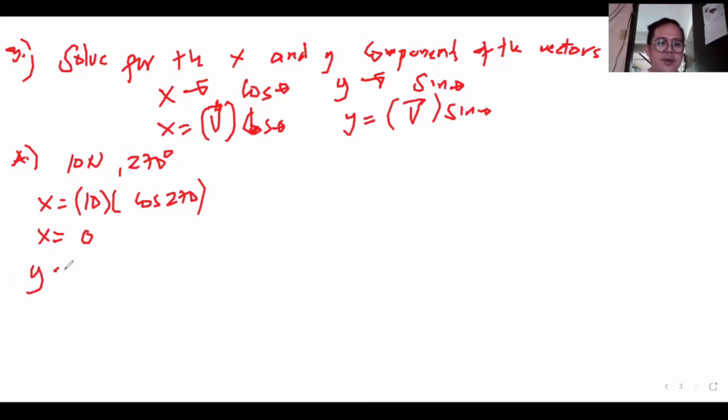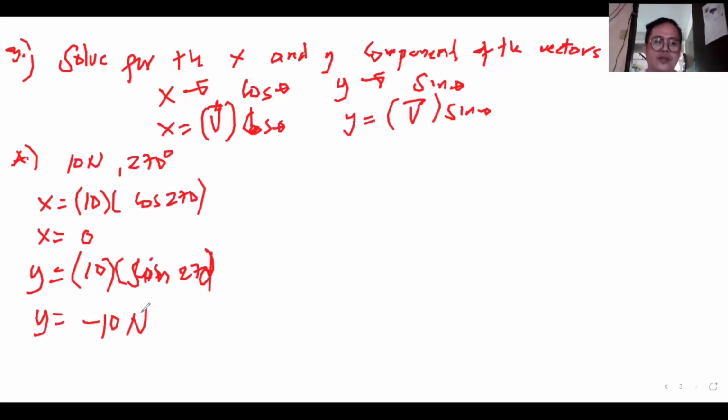For Y, we will use 10 times sine 270. And sine 270 is negative 1. So definitely your Y is negative 10 newtons.